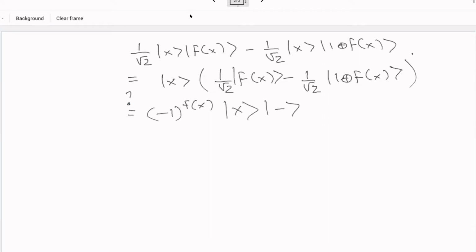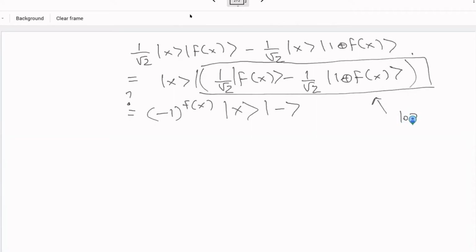The reasoning is that, this state here, one of the cats is going to be 0. The other one is going to be 1, right? Because they differ by 1. So this state here is either 0 minus 1 or 1 minus 0, in other words minus 0 minus 1. So it's always going to be 0 minus 1, except that there is a minus 1 factor at the front.